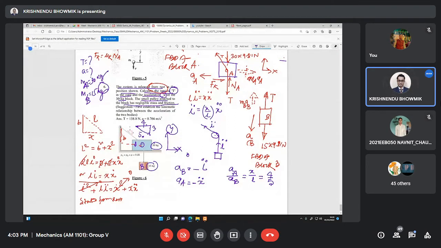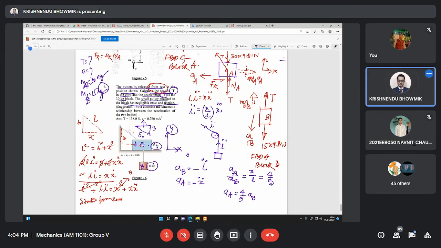Okay. Now with this we can write that A equal to 4 by 5 AB. Here it is given the acceleration A of the 30 kg block.